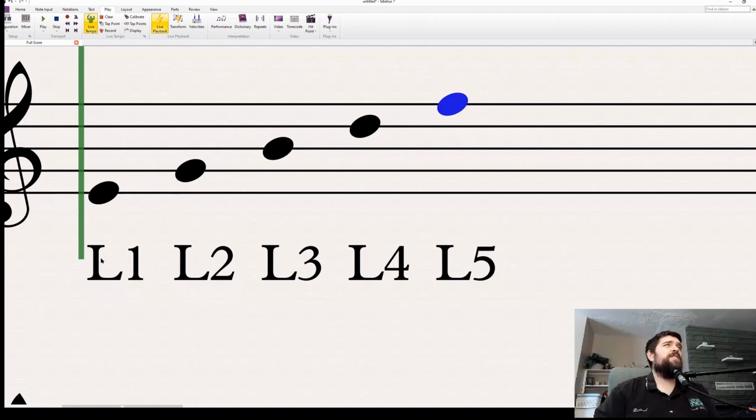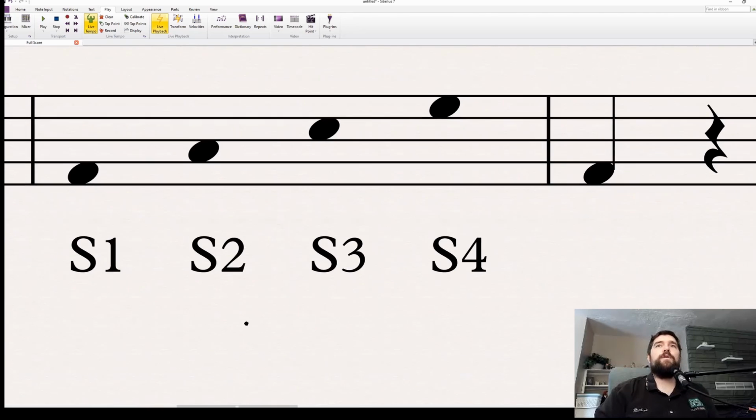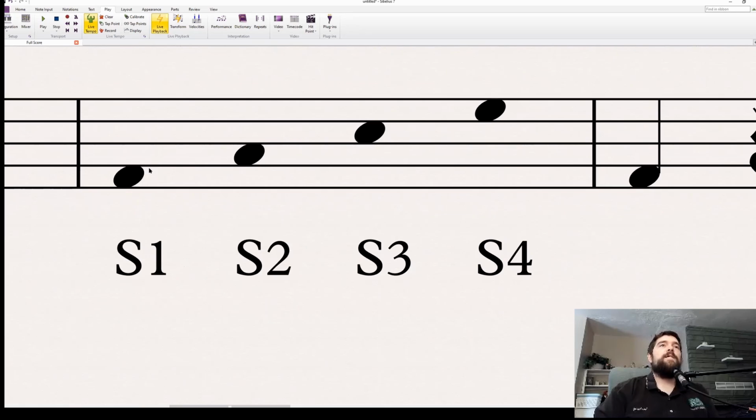Notice how I am abbreviating it. I'm just going L1, L2, L3, L4, L5. That makes it easier and quicker for you to type or write the answers. For the spaces, it's the same deal, only notice that our first space is right here between the first line and the second line.